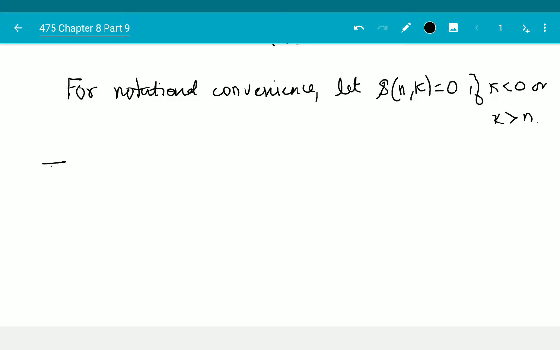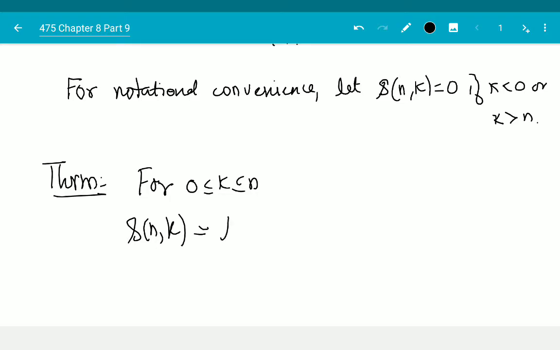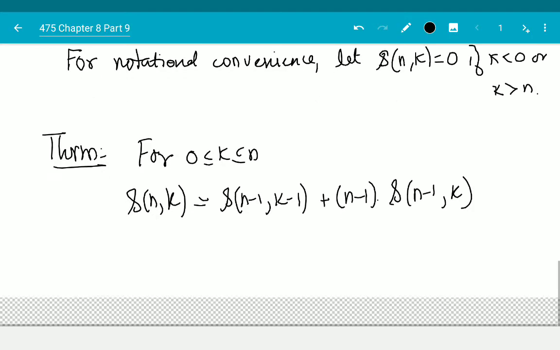Then theorem: these numbers satisfy, for 0 smaller than or equal to k smaller than or equal to n, small s of n comma k is equal to small s of n minus 1 comma k minus 1 plus n minus 1 times small s of n minus 1 comma k.